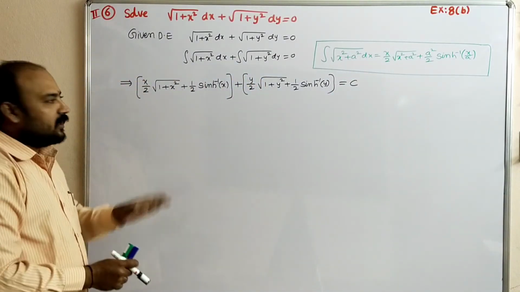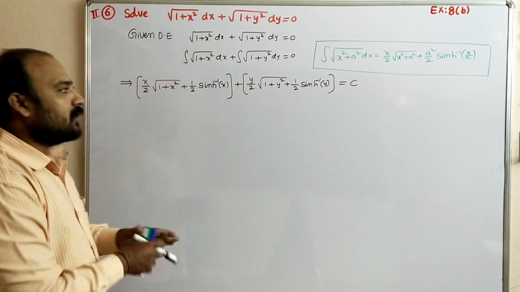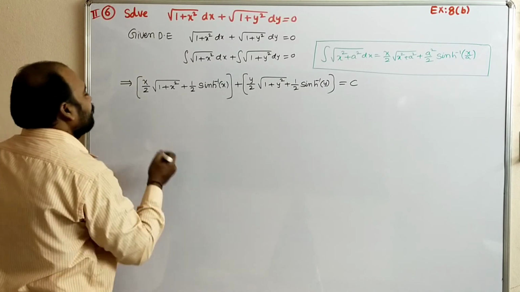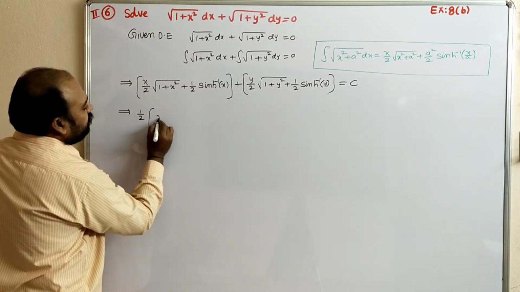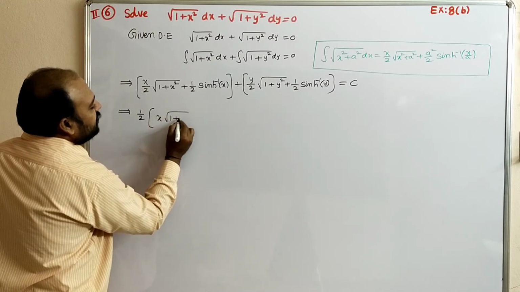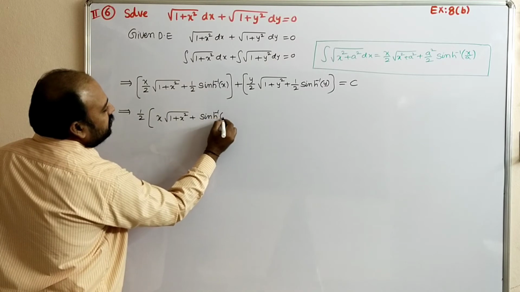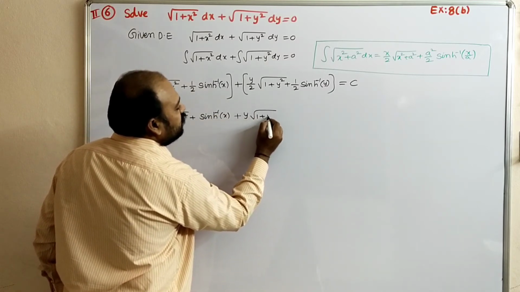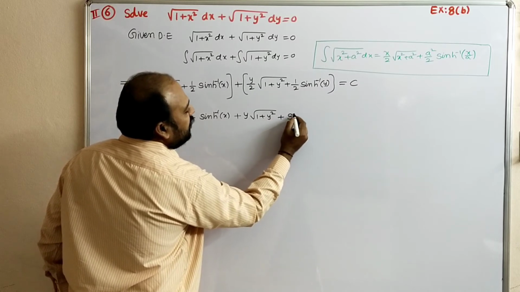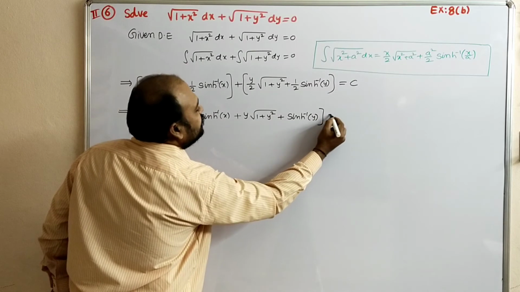In each and every term, 1 by 2 is there now. So I am taking 1 by 2 common. So we will get 1 by 2 x into root of 1 plus x square plus sin h inverse x plus y into square root of 1 plus y square plus sin h inverse y is equal to c.